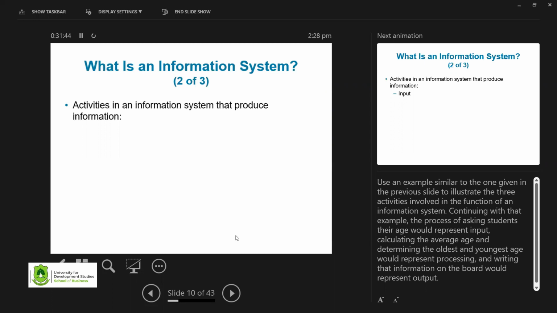So in a typical information system, there are some processes. The processes of input and processing and then output. Every information system would have. So every system would have, even the political system, it will have that component.